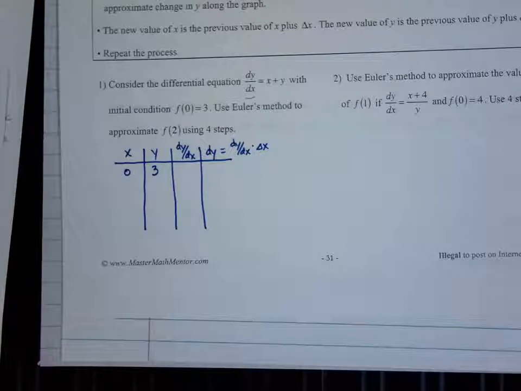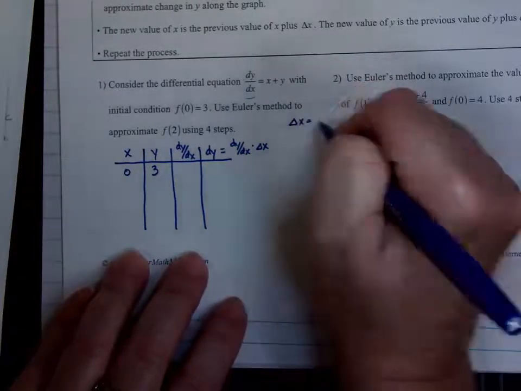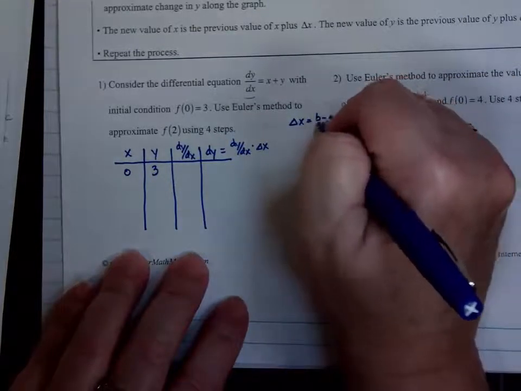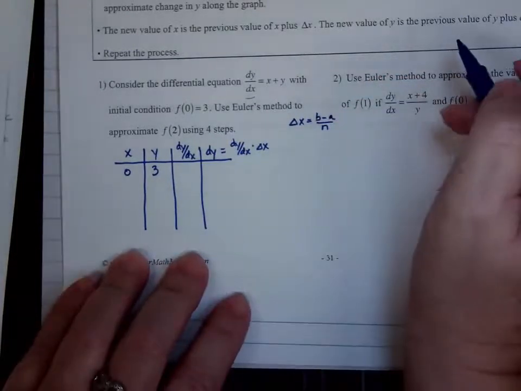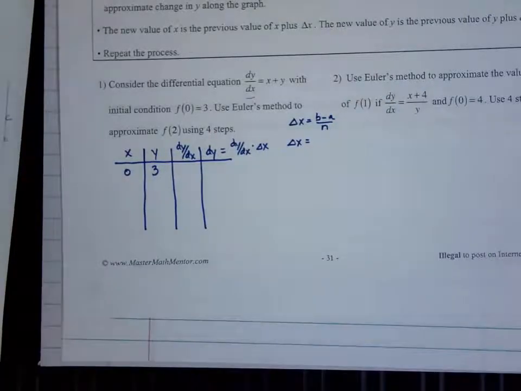Now, delta x is found exactly the same way we did with Riemann sums. Does anybody happen to remember the formula for delta x with Riemann sums? B minus a over n. Okay? Now, in this instance, b is the x value where you're stopping, and a is the x value where you're starting, just like a Riemann sum. So what x value are we stopping at? 2, and we started at 0.